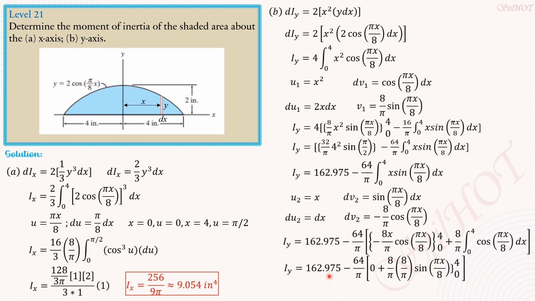Therefore, Iy is 162.975 minus 64 square over pi cube. And that is 30.87 inches to the fourth.